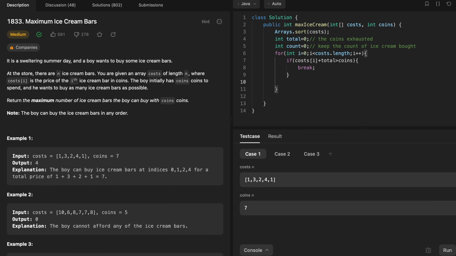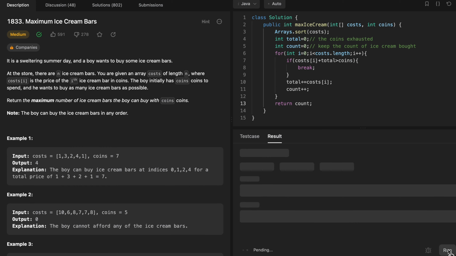We should break. Else we just keep on moving: we increase total by costs of i, and we increase the count by 1. When we are out of this array, we return count, the total number of ice creams that we have bought.